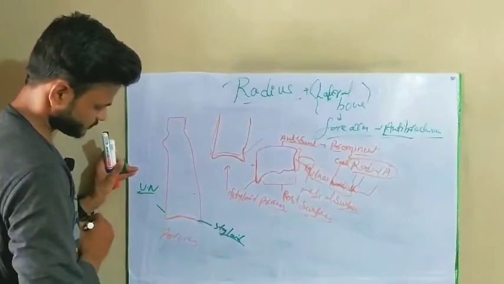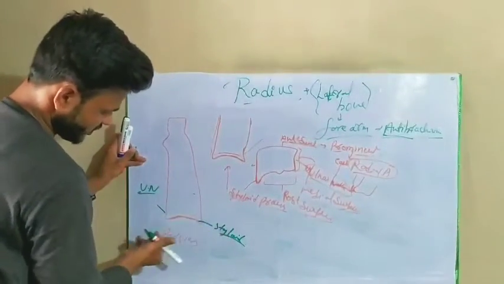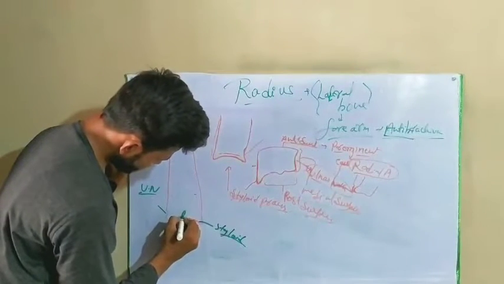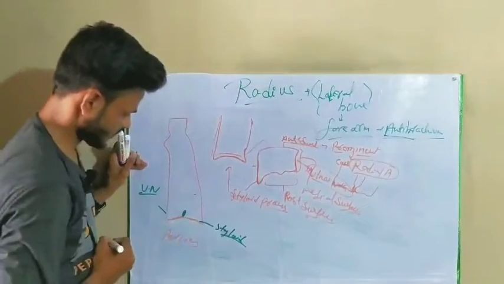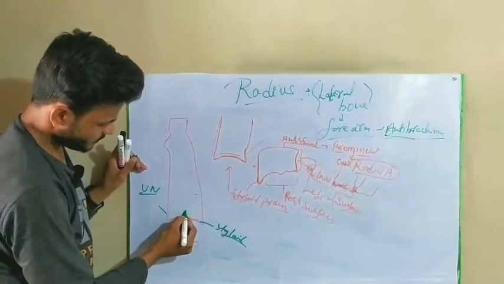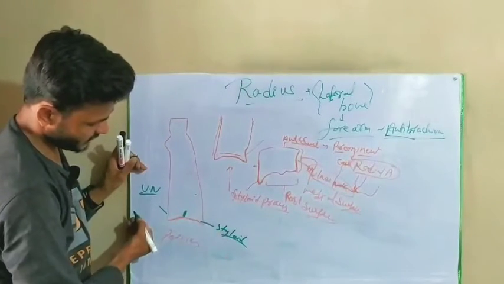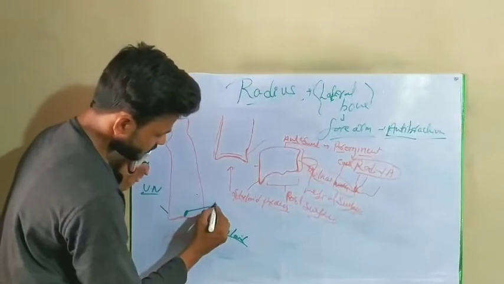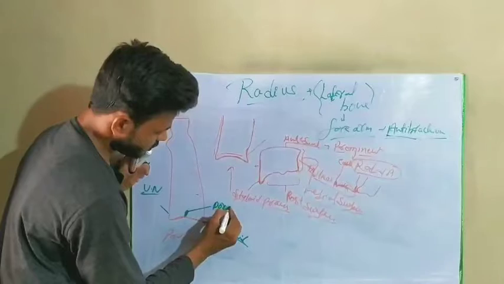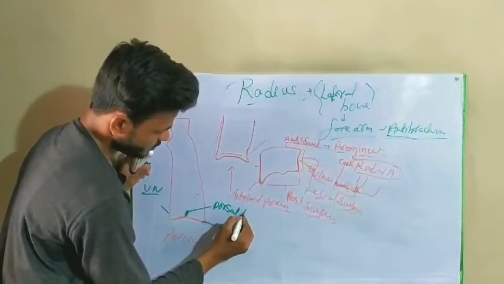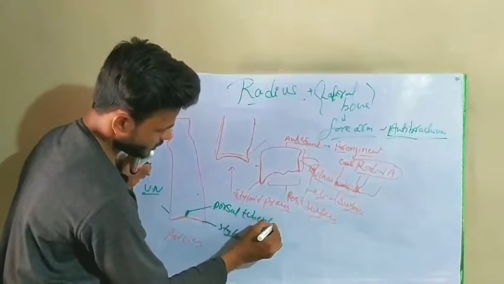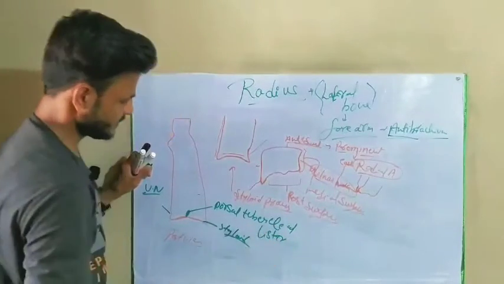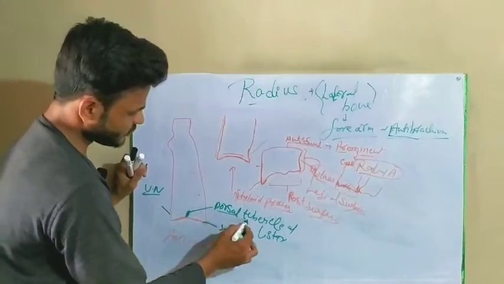On the posterior view, there is a tubercle, situated on the posterior surface of the lower end of the radius. This tubercle is called the dorsal tubercle of Lister.